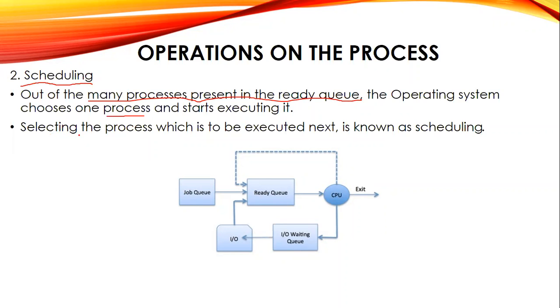So selecting the process which is to be executed next is known as scheduling. Okay, so saying that this one will be executed next, that this one is selected, is scheduling.